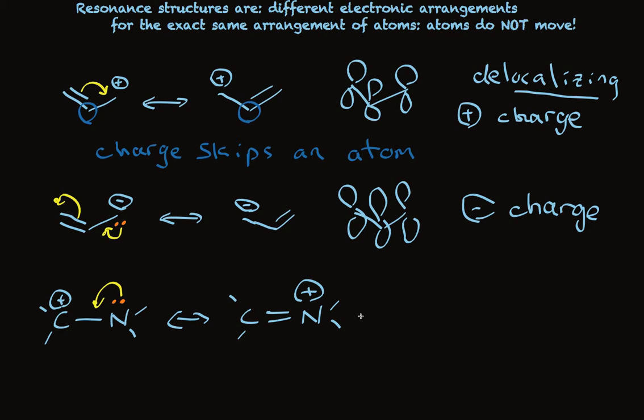This looks odd because we see a positive charge on an electronegative heteroatom. But this resonance happens for a very important reason. It lets all atoms achieve a filled outer shell.